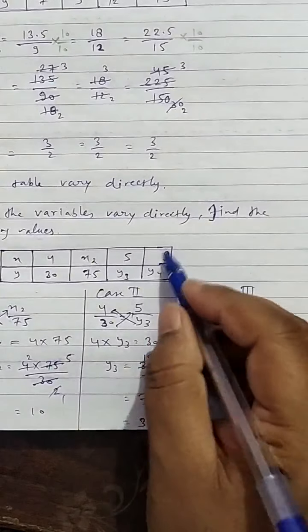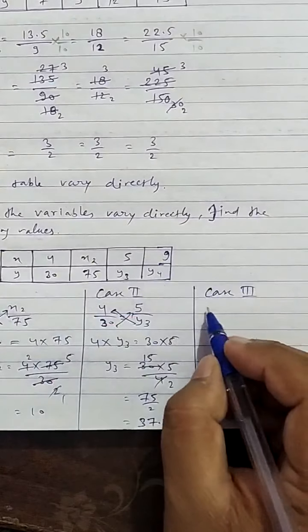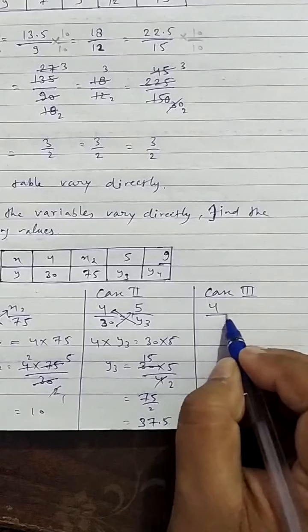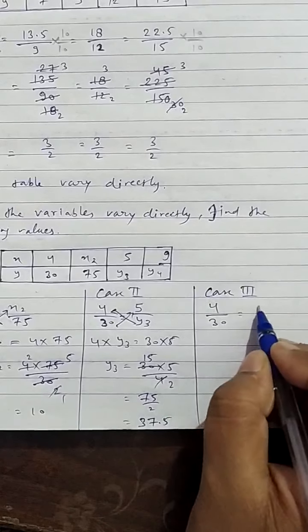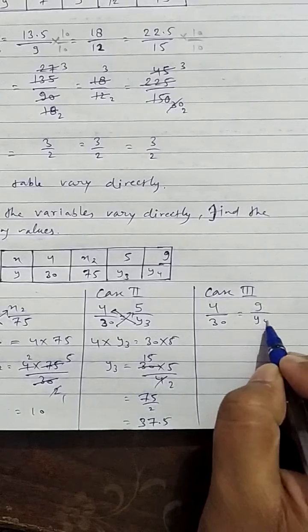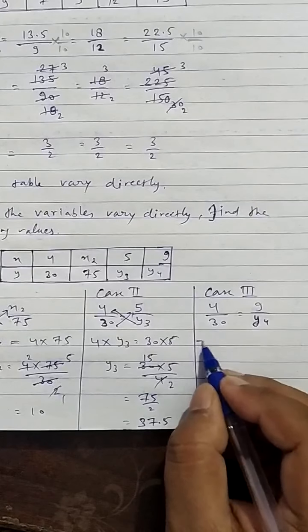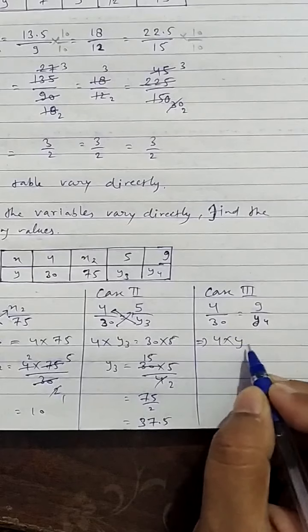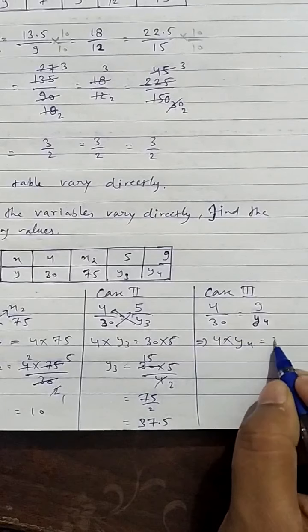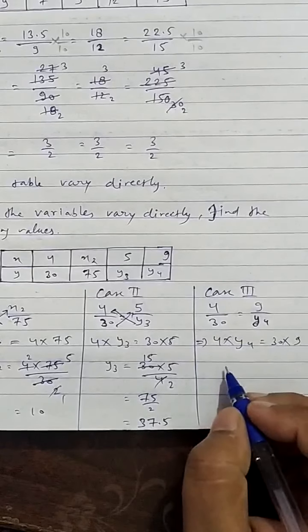You can find it using the same combination. 4 upon 30 equals 9 upon the fourth value of y, y4. So this is 4 into y4 equals 30 into 9.